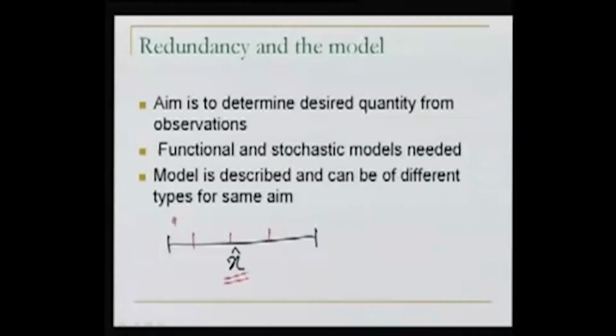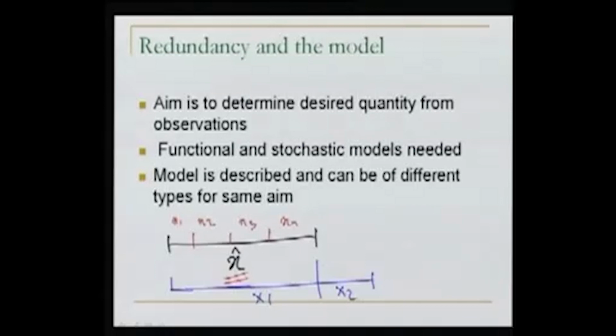Let's say x1, x2, x3, x4, and he says, well, the sum of all these will give me my final length. Someone decides to do it in such a way because the instruments that he has do not permit this kind of observation. So he takes a measurement of this length, which is, let's say, x1, and then he measures this one, x2.